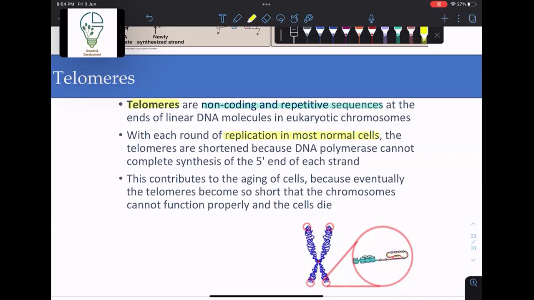The telomeres are shortened because the DNA polymerase cannot complete its synthesis, and this happens at the 5' end.